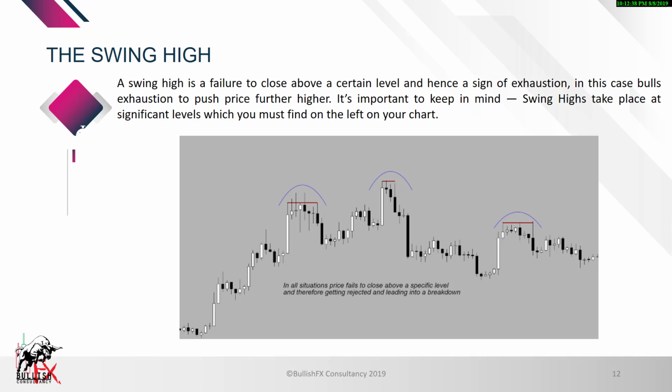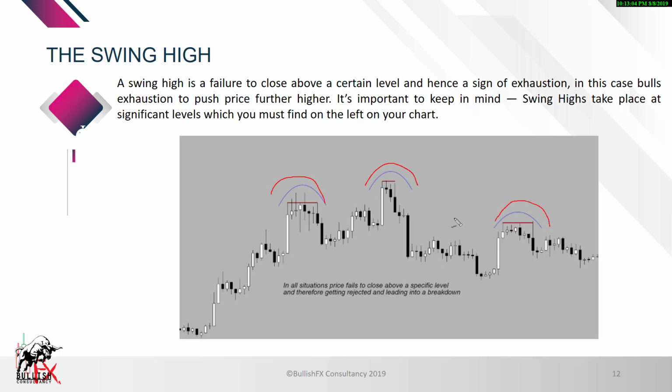A swing high is a failure to close above a certain level, and hence a sign of exhaustion. When price fails to close above a certain level, you get a swing high. The ones that I've marked in blue and red, those are swing highs.